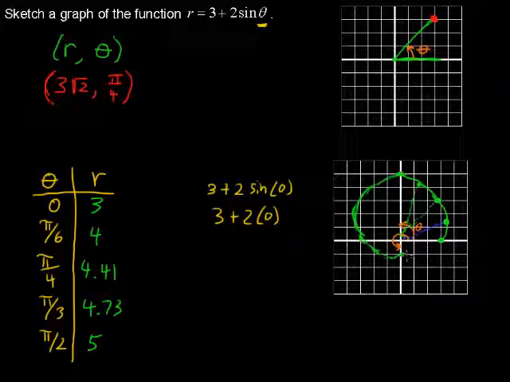And then it dips down again, the radius gets a little bit longer, and then it continues to grow all the way out to when theta is 2 pi, the radius is again 3 units from the origin. So that's a rough sketch of this graph in polar coordinates.